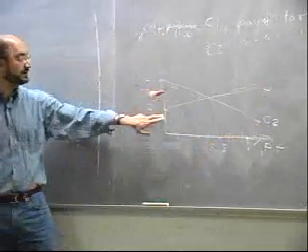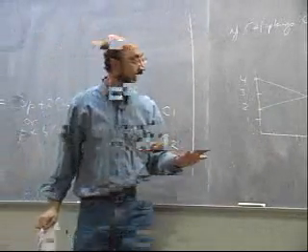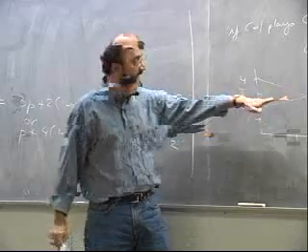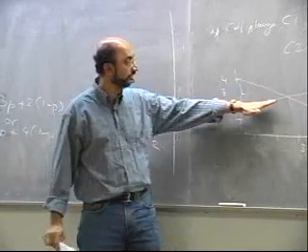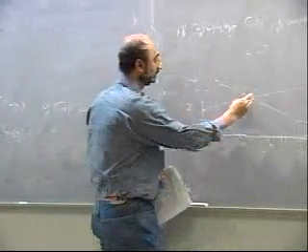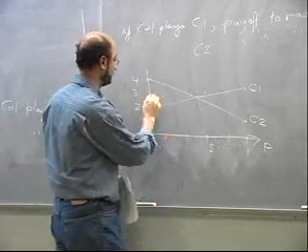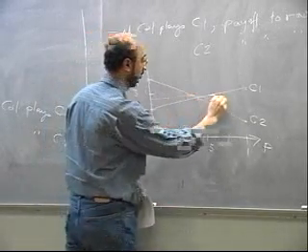If column knew by observation that P was less than 0.5, column would play C1 and would hold rho down to a value less than whatever the value is over here, which is actually not 3 but 2.5. It's P plus 2.